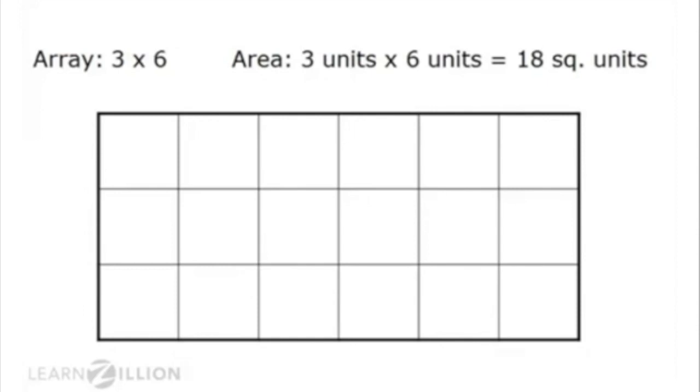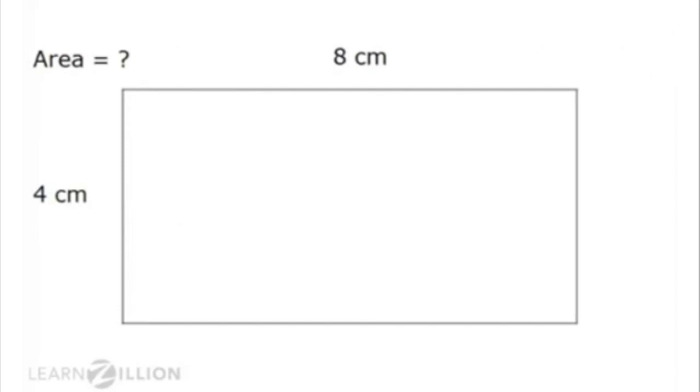We can make an array to represent the area of any rectangle, which means we can also represent the area with the same multiplication equation as we use for an array. The number of rows of squares times the number of squares in a row will equal the area. Sometimes you are given a rectangle without squares inside, but you are told the length and width of the rectangle, 8 centimeters by 4 centimeters.